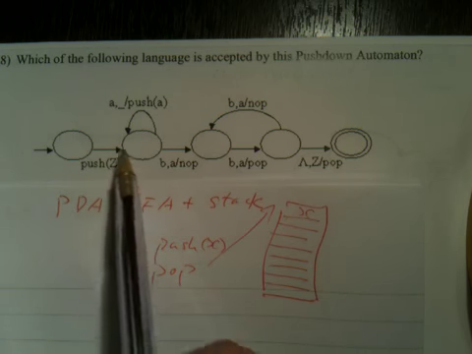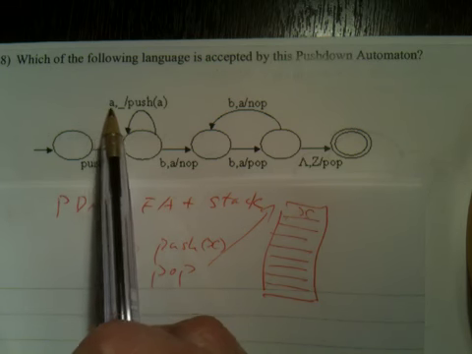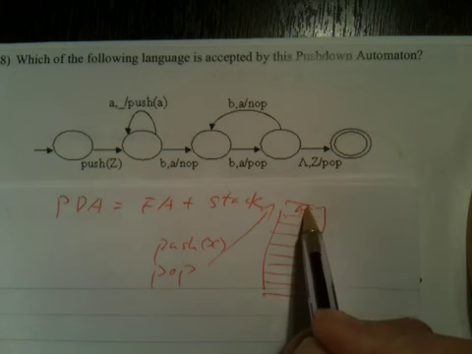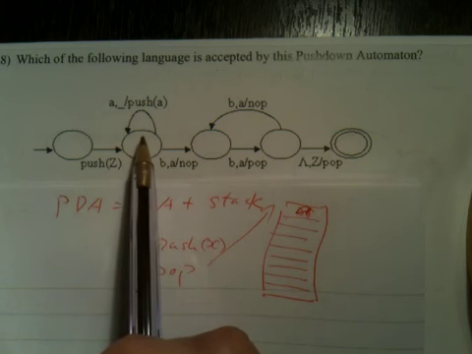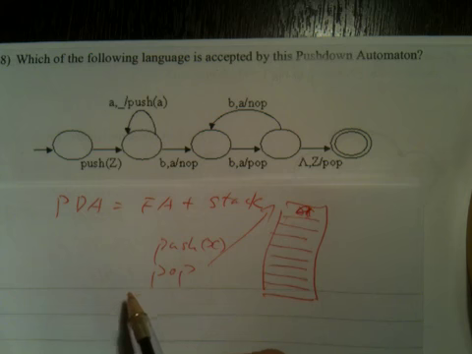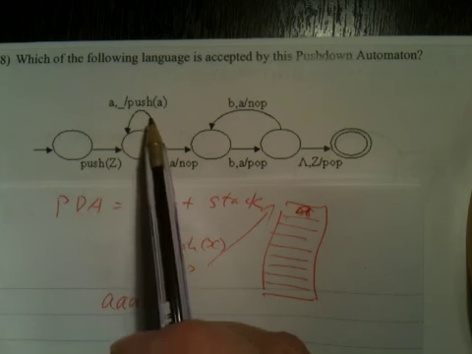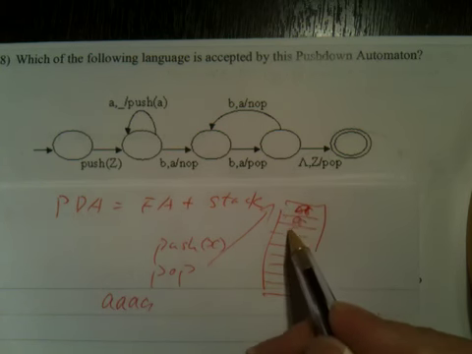The first loop, we are reading A, and at the same time we push the value A on top of the stack. It means you can immediately recognize that you can read in lots of A values in your string.